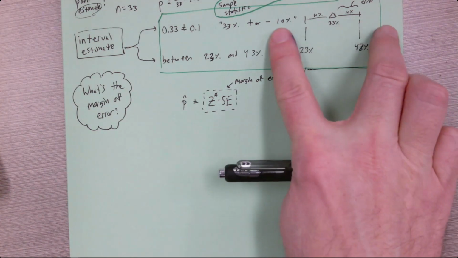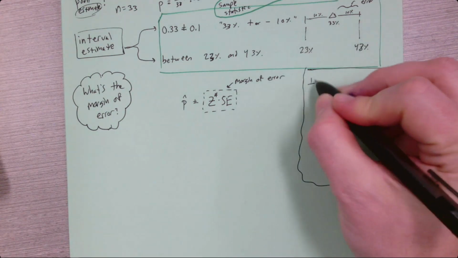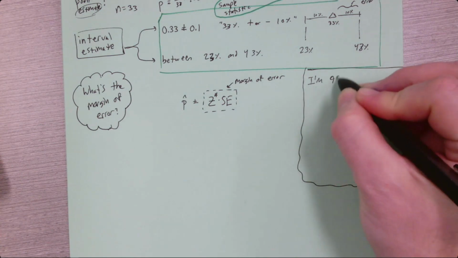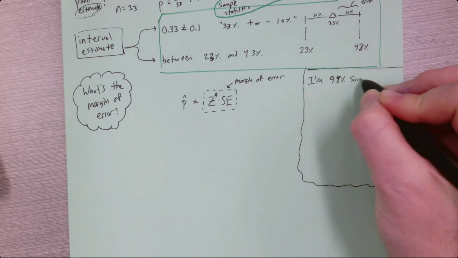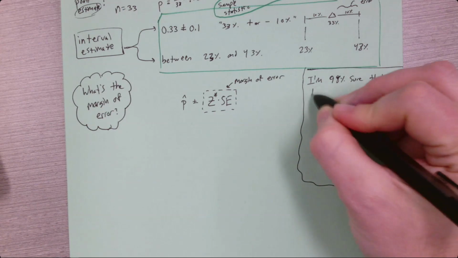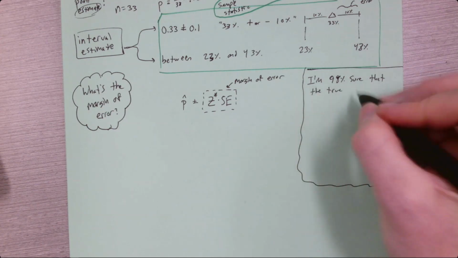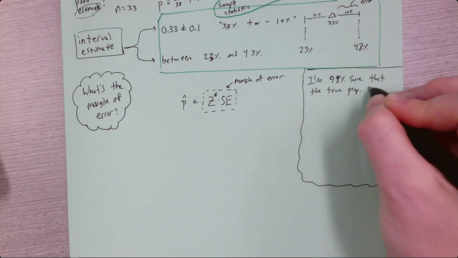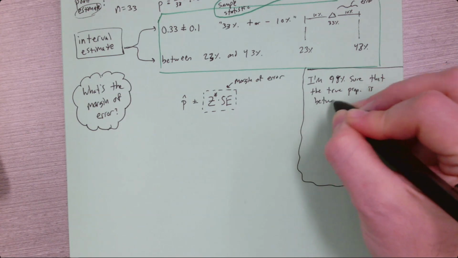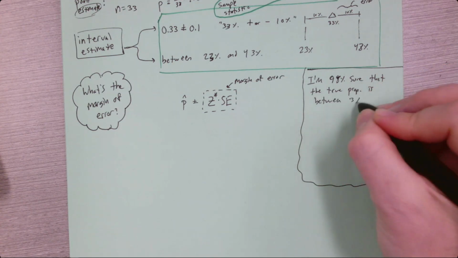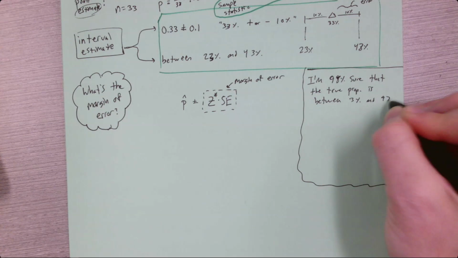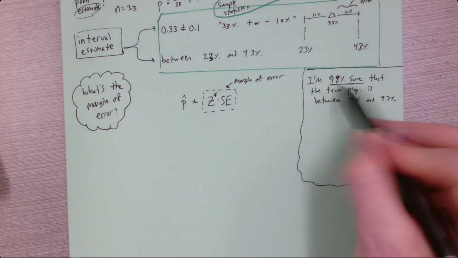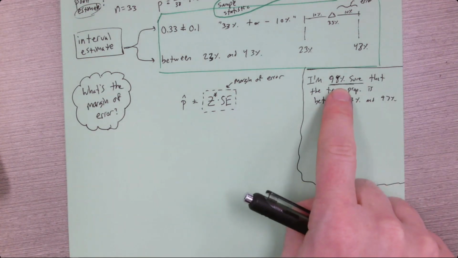If I make my interval extremely large, so I'm like 98% sure that the true proportion is between 3% and 97%. Okay, wow, 98%. That sounds very certain.